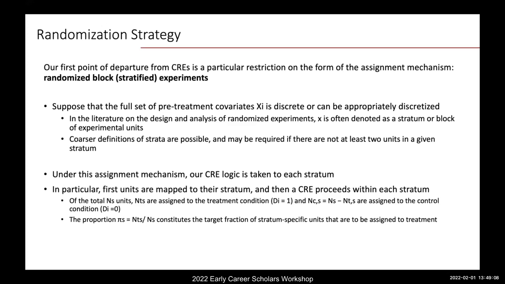Or if we have a stratum with 2 types of covariates, we would say in each village, we take all the women first, half of the women per village are going to be assigned to the treatment and half of them to the control group, and the same with men, and so forth. So you could do this depending on your sample size with a ton of covariates if you want to. So the proportion pi_s is then the target fraction of stratum-specific units that are to be assigned to treatment.